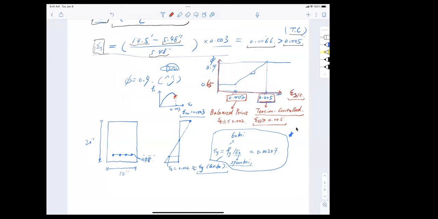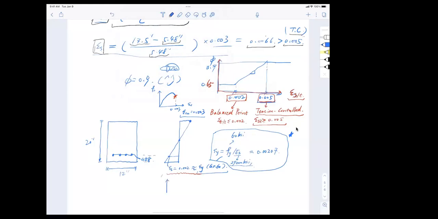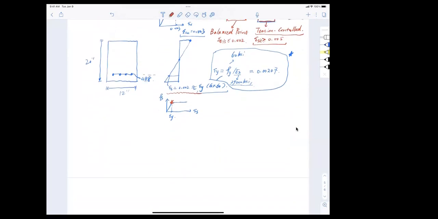My strain in the steel has just reached the yielding limit. Again, a little mental picture: this is stress in the steel and strain in the steel, so it's just entering the turning point. We call this situation a balanced condition.